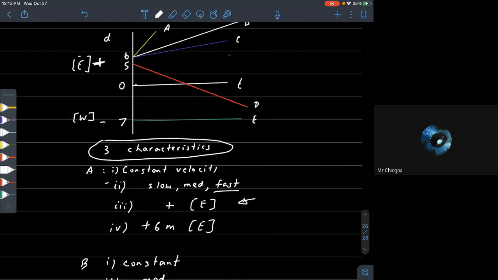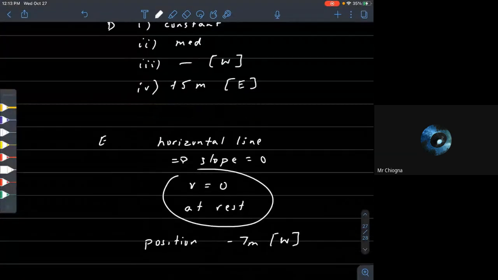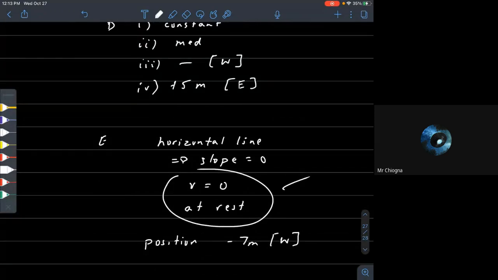No, I don't, because he's not moving. I don't have to talk about constant velocity. He's not moving. That's it. If it's a 0 slope, just say at rest and give the position if it's a homework assignment.